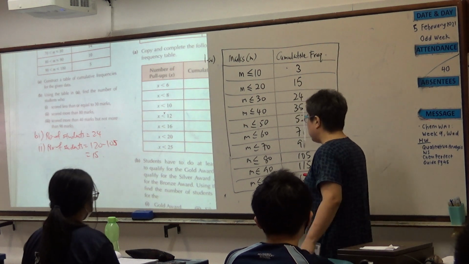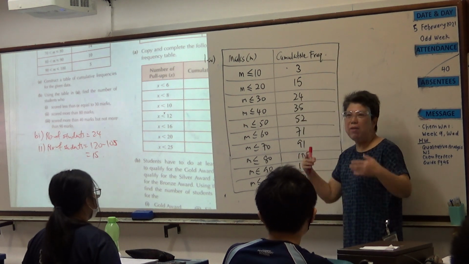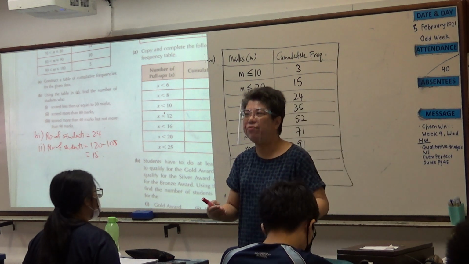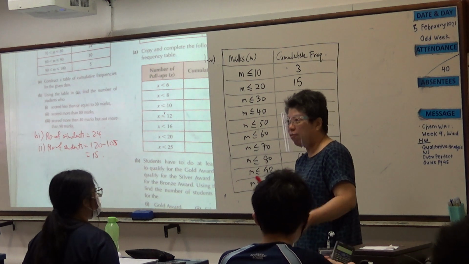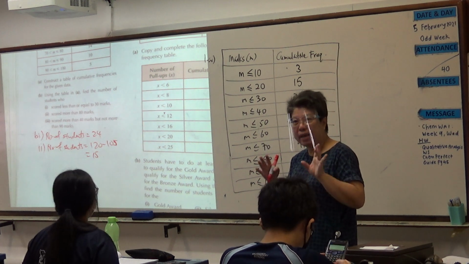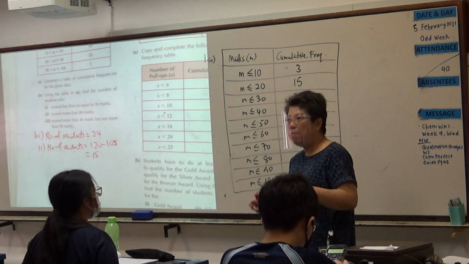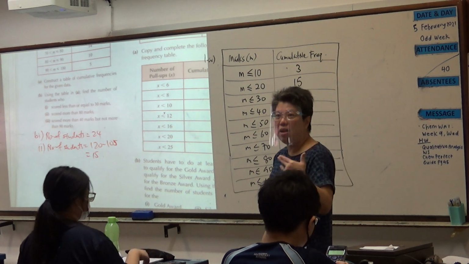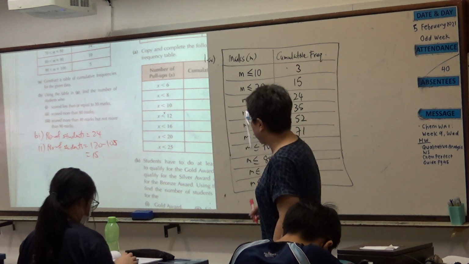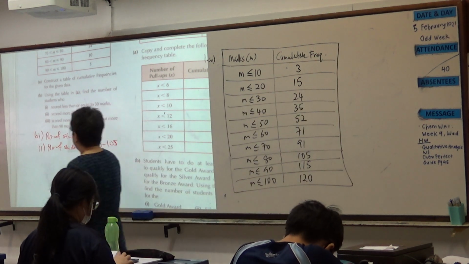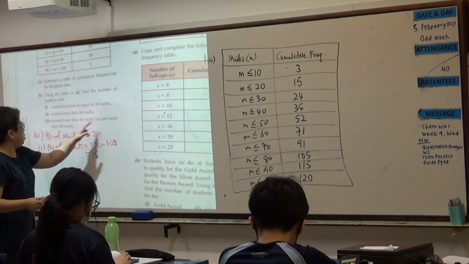If I say I spend not more than $10, that means I can spend 10. Of course 9 also can, but I can spend 10. But if I say I spend less than $10, then 10 cannot. Everybody clear?